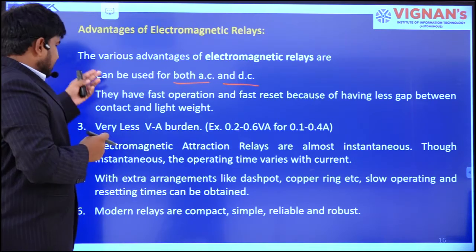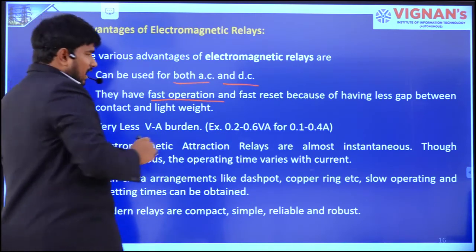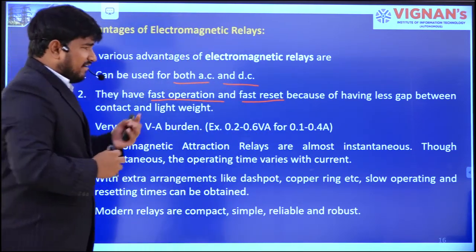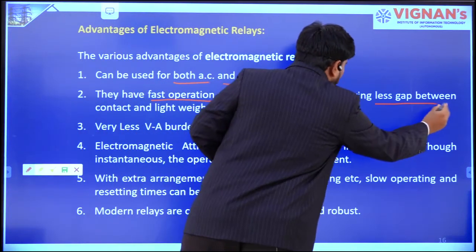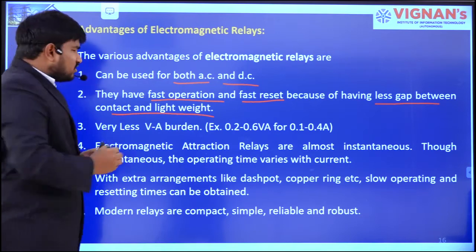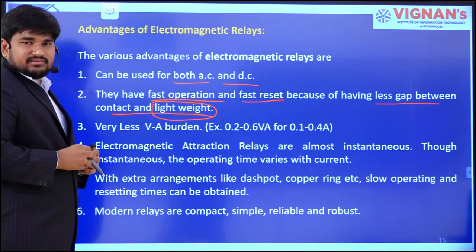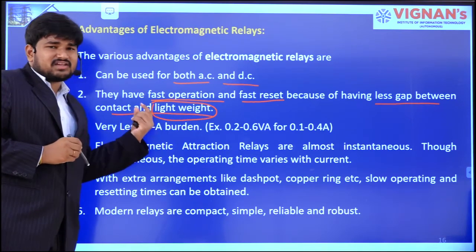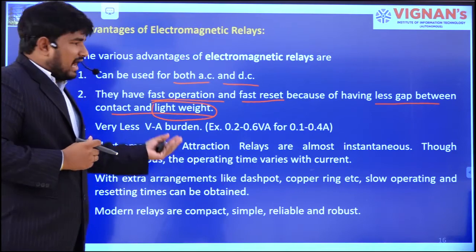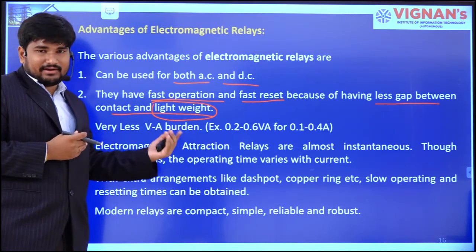And these relays are faster in operation and fast in reset because of having less gap between the contacts. They are also light in weight. So the inertia will be less and they can operate very fast. So that is the second advantage.